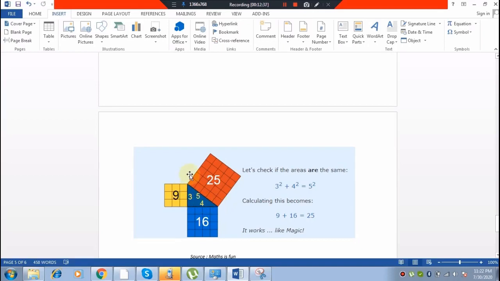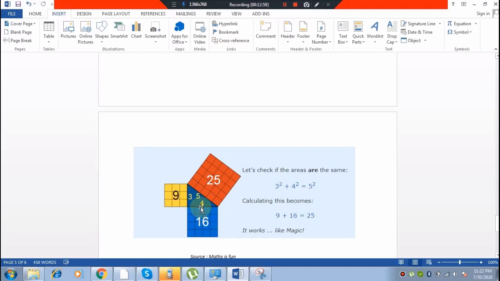According to the Pythagoras theorem, the square of 3 plus the square of 4 equals 5 squared. Remember, 3 times 3 gives you 9, in case you're wondering. 4 times 4 gives you 16. If you add the two, it gives you 25.